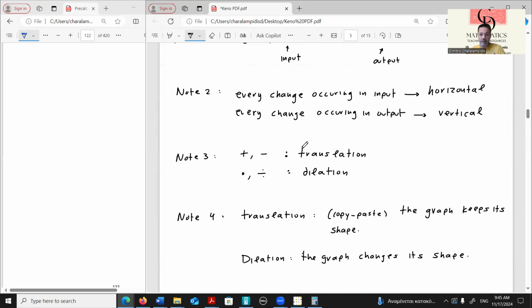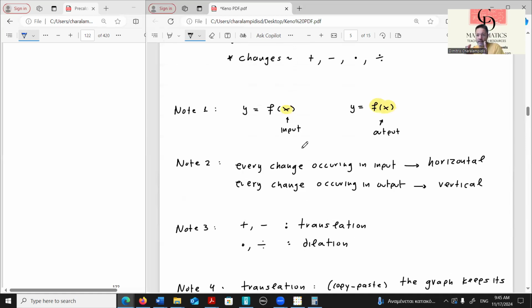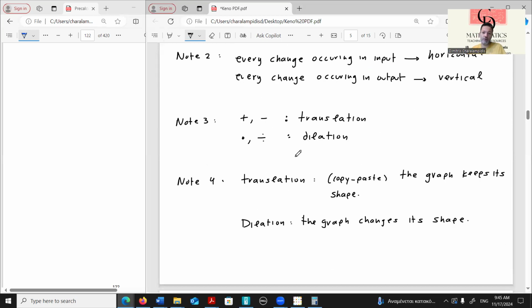So once again, remember, any change that occurs in the input inside the bracket is characterized as horizontal, while when it's done to the entire f of x it is characterized as vertical. If you see addition or subtraction, then we should call that a translation. But if you see multiplication or division, you should call that a dilation.